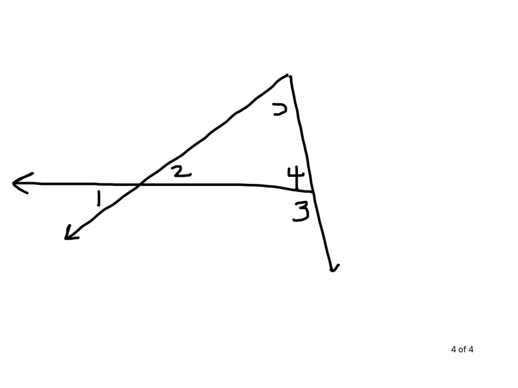Okay, so I want you to take a look at the structure that I've drawn on the board. Perfect. So we're going to go through each of these angles. We have 5 angles that we need to identify, right?